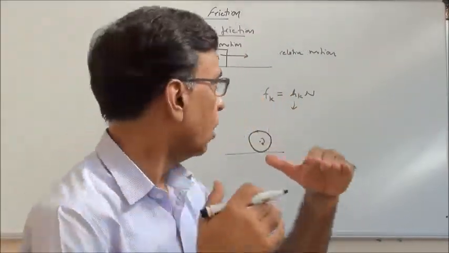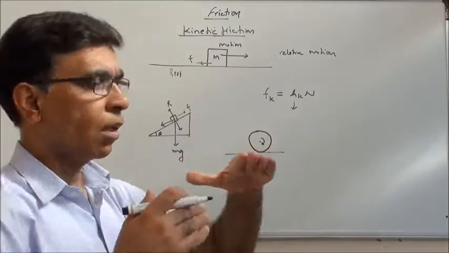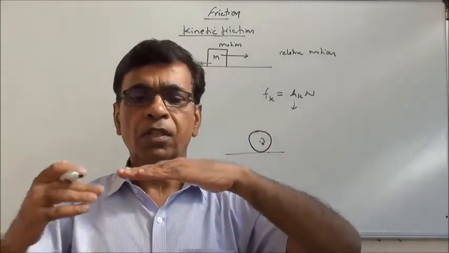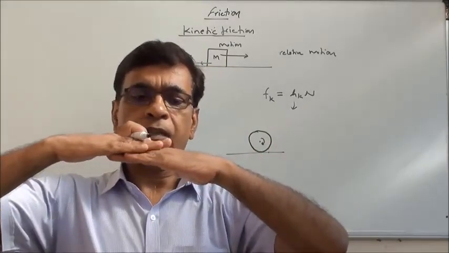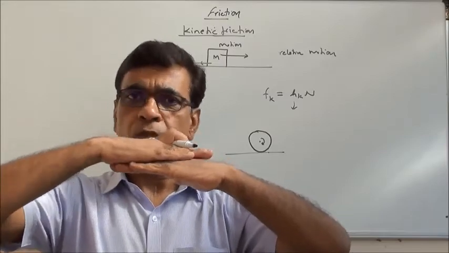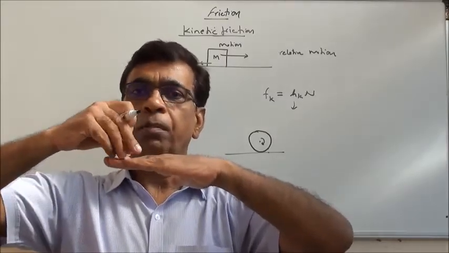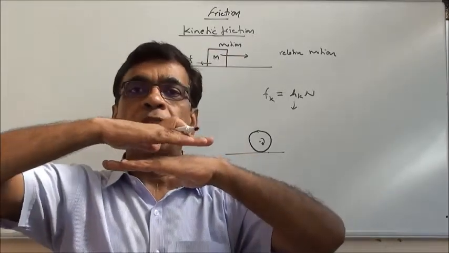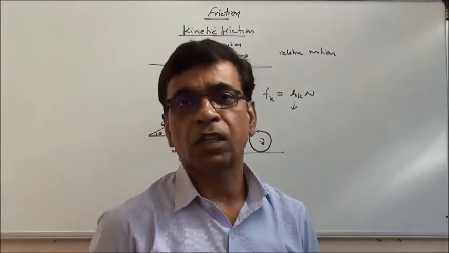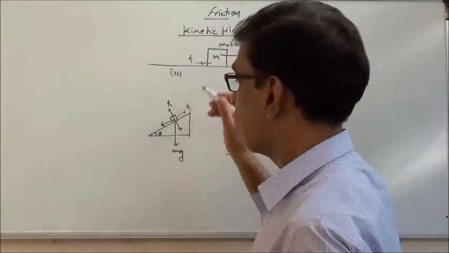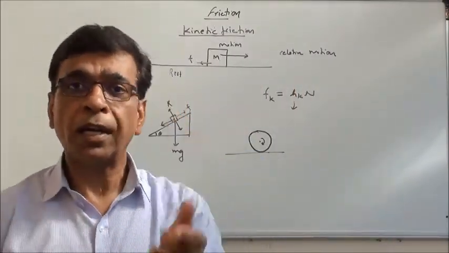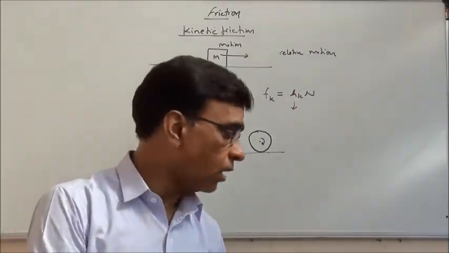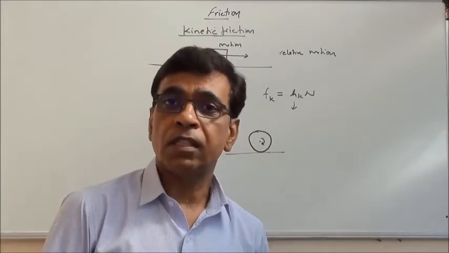If I take the same example, a surface with another surface on it, I need to push it, we will need some force. If I put small metallic balls and then keep this object on them, it is easier to slide because rolling friction is much less than this value. In the same way, the force of kinetic friction is less than the force of static friction.